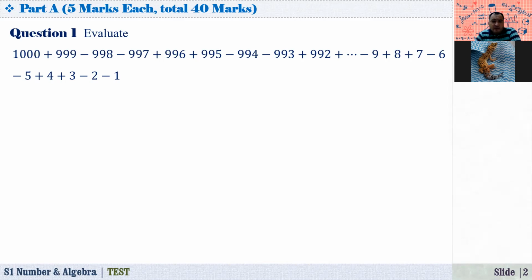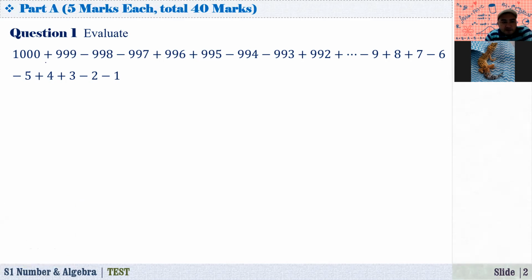Anyway, here, as you see, we have a lot of numbers starting from 1000 in descending order until 1. But the signs are alternating, in twos, right? Not plus minus, but as you see here, the first one is plus.